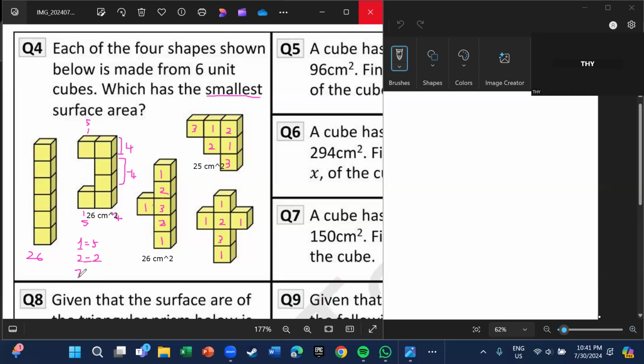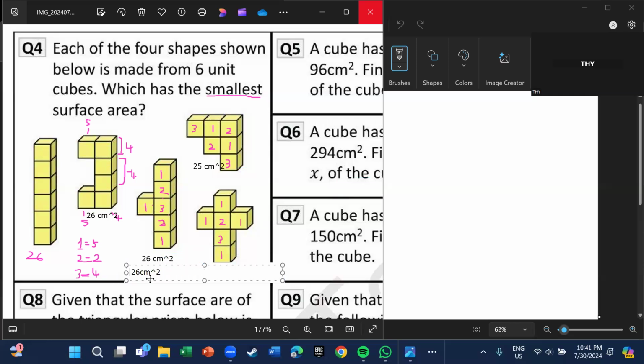Number 3s have 2 faces covered, so 4 faces total. So really easy: 5 multiplied by 4 plus 2 plus another 4, and this will give us 26 centimeters square. Okay, the answer is evident. It is obviously this shape that is the smallest.